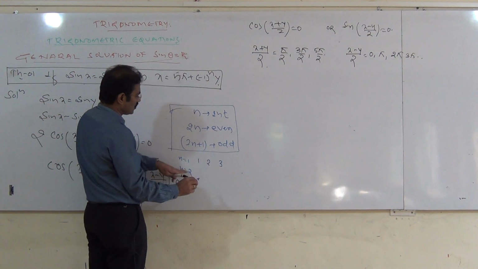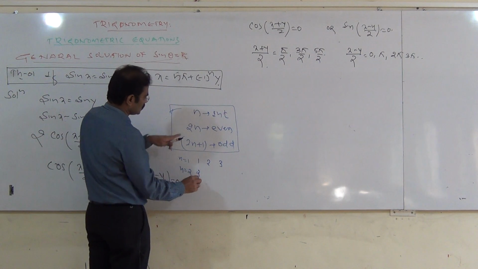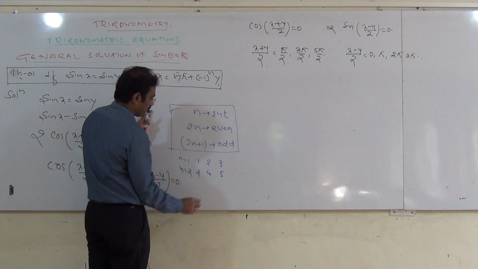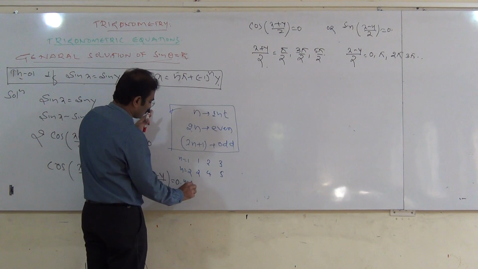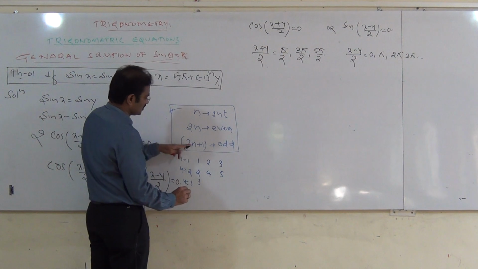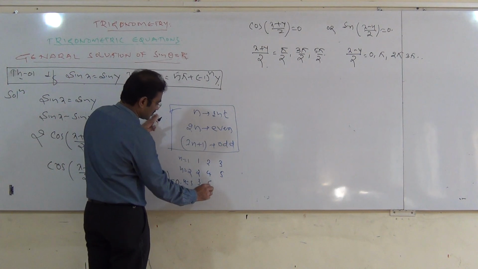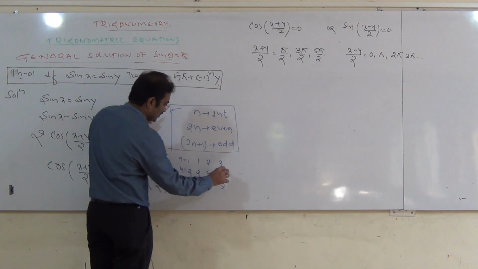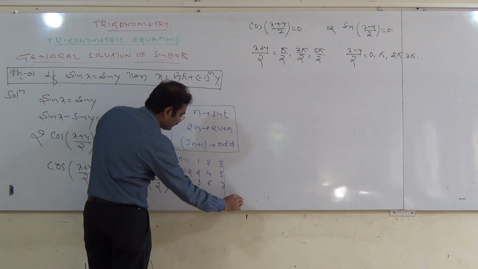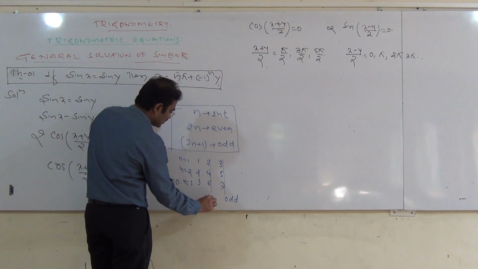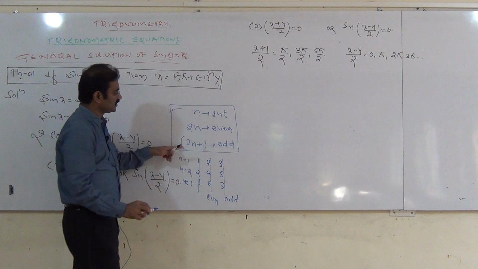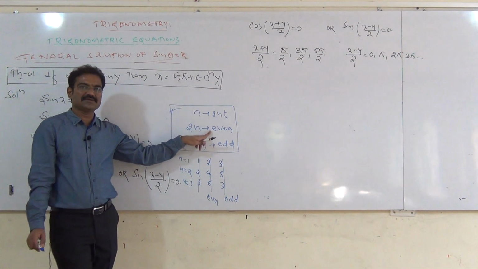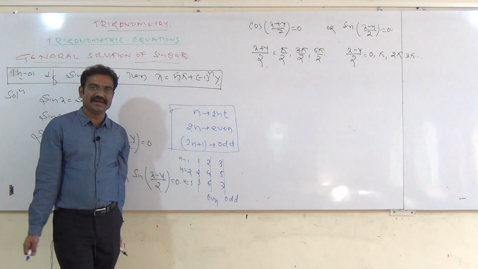If you put n equal to 2, it becomes 4, and it becomes 5. And if you put n equal to 3, it becomes 6, and it becomes 7. These are known as odd, these are known as even, and these are known as integers. Odd is written as 2n plus 1, even is written as 2n, and integer is written as n.